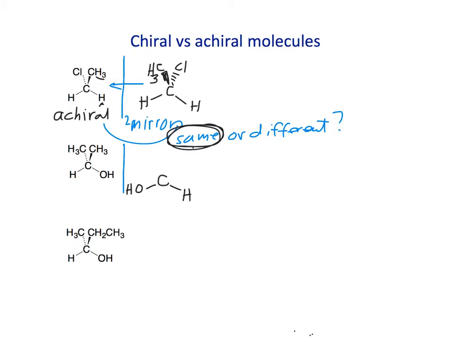One methyl group is pointing out of the plane towards us, so it would still be pointing out of the plane. And we have another methyl group pointing back from the plane. Now what about these two? Same or different?